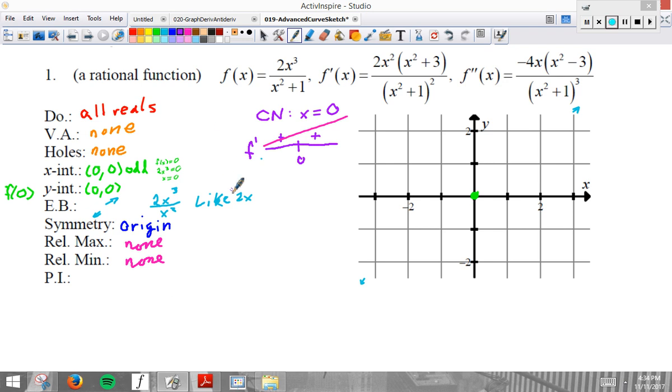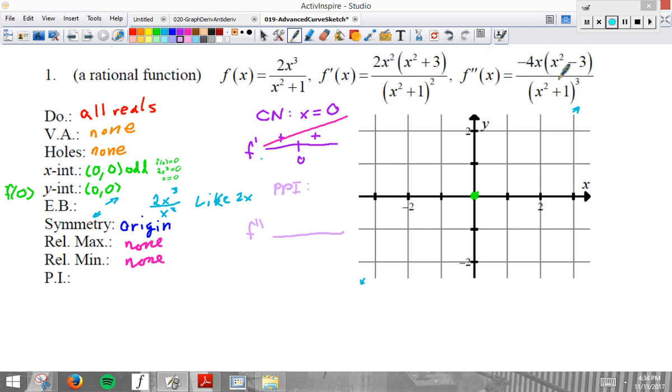Finally, our points of inflection, I suppose I'll use this lighter color, f double prime number line, our possible points of inflection, and here we have a much more varied situation. We notice the bottom will never equal 0, so there's no places where f double prime will be undefined.